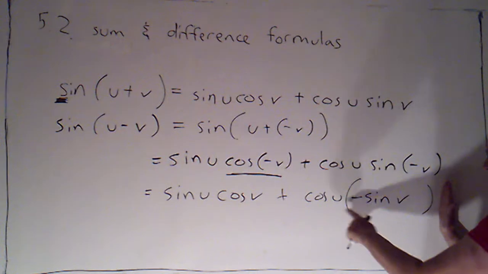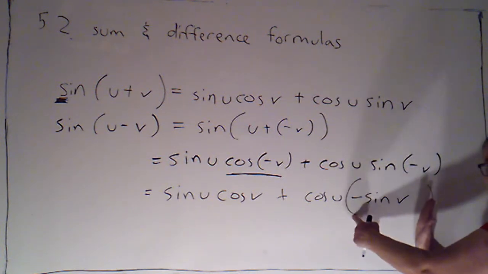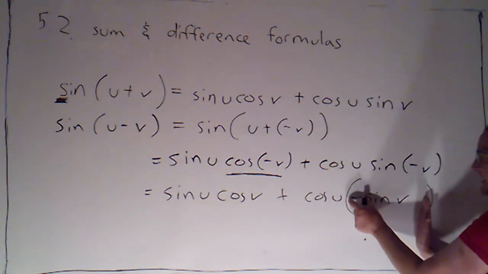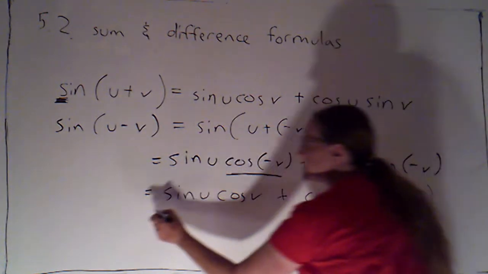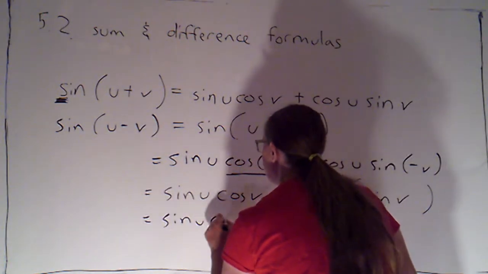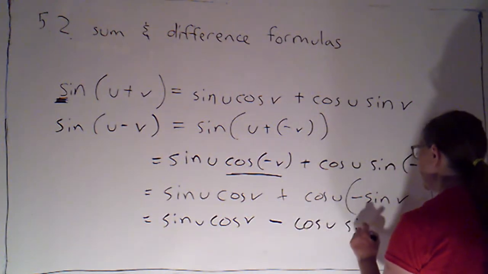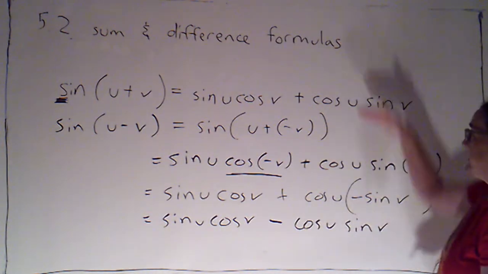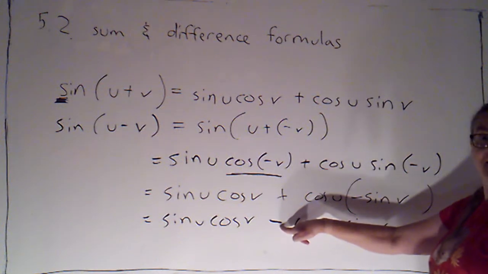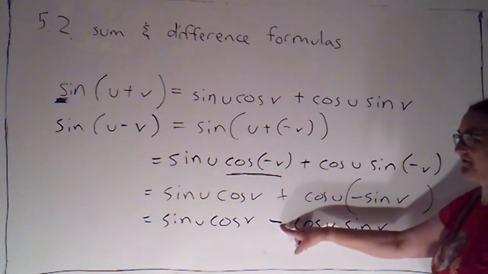And usually, rather than having these parentheses to show that I'm multiplying by a negative, I'll bump that negative to the front. So it becomes sine u cosine v minus cosine u sine v. So essentially it's just the sum formula, but with a negative sign instead of a positive sign.